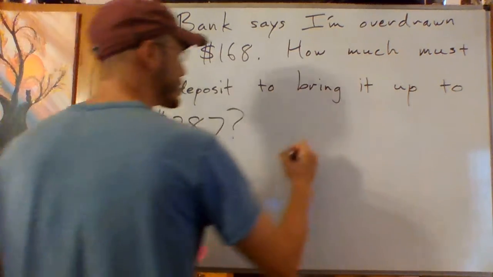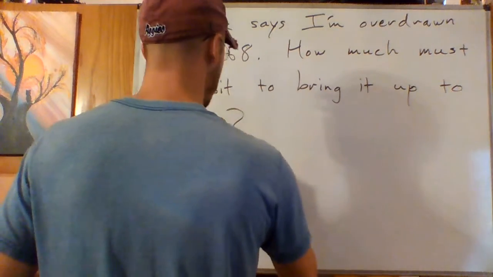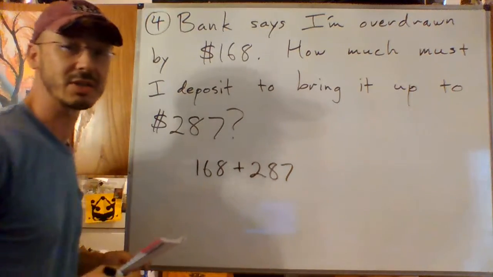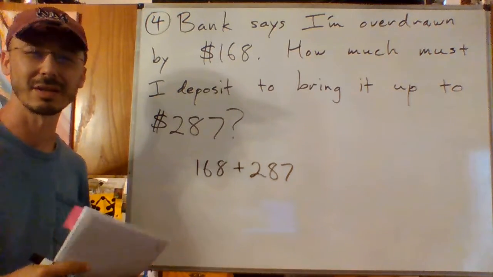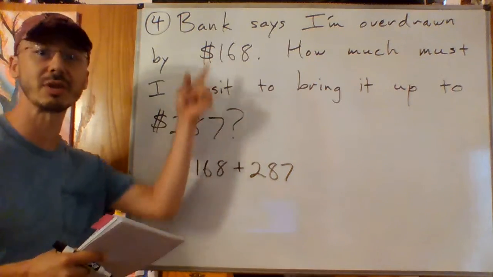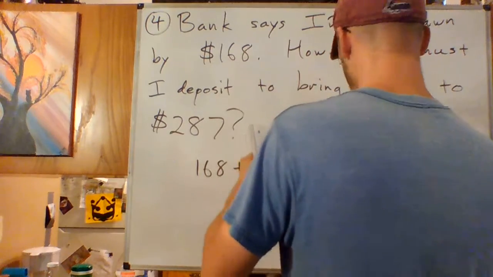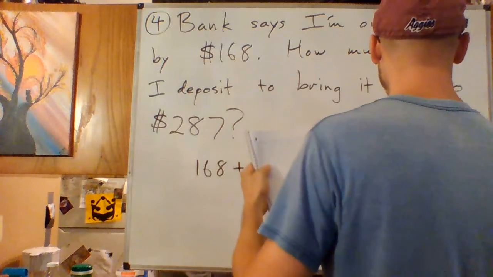So you can find this just by doing 168 plus 287. This is the subtraction section, so I think they're thinking about subtracting a negative or something, but really it's simpler if you think of it as you got to put in that much and that much, and that comes out to 455.